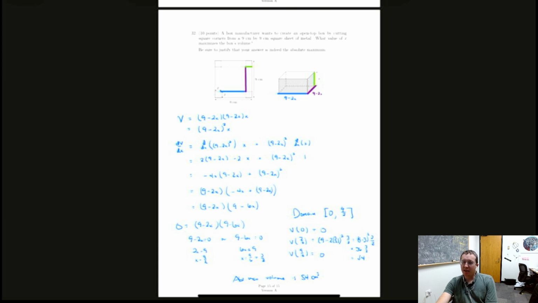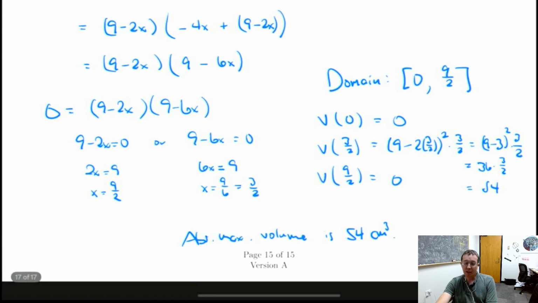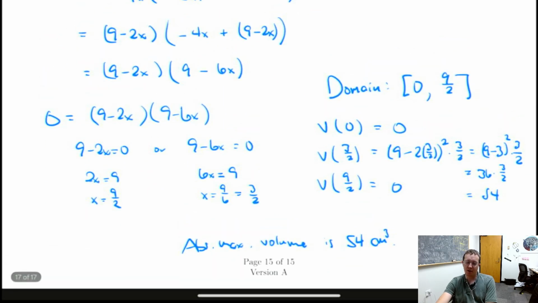Do you have to say that you're using the extreme value theorem? In general, if you're using a theorem, it's a good thing to say it. Are you talking about in this problem? Because in an optimization problem, what I wrote here is perfectly fine.